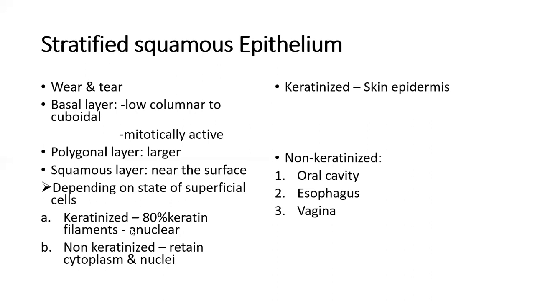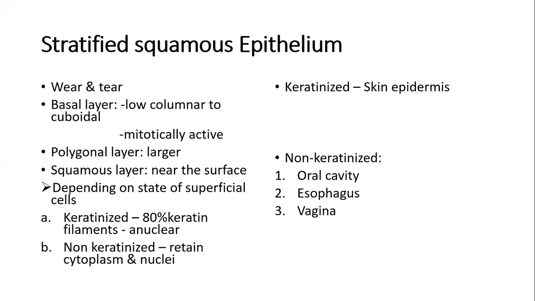Keratin is also present in this type of epithelium, but it is far less than that present in the keratinized stratified squamous epithelium. So you cannot say that there is no keratin in the non-keratinized type. Rather, it is less in amount in comparison.